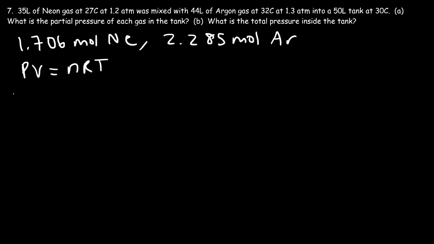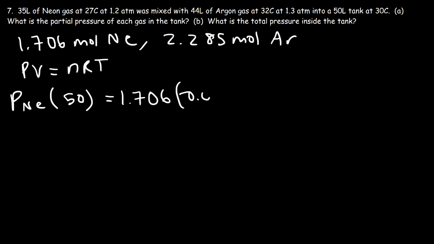So now let's calculate the partial pressure of neon. So the new volume is 50 liters, and the moles, we have to use it for the same substance, neon, which is 1.706. Now the new temperature is 30 plus 273, so that's 303 Kelvin.